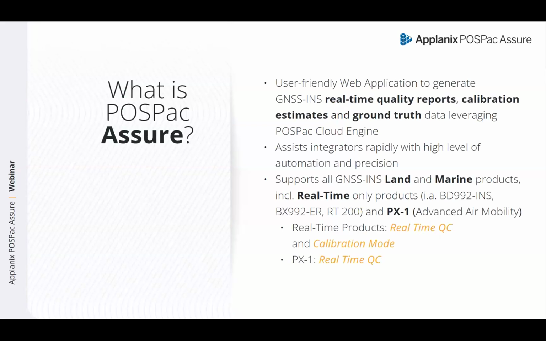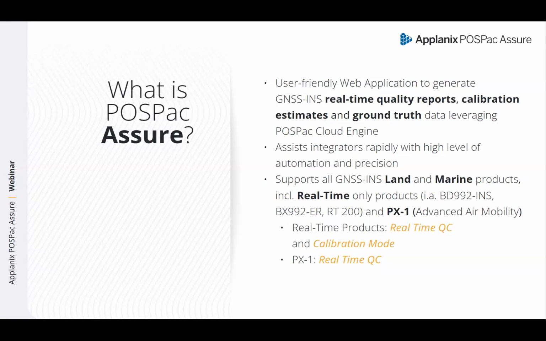We are supporting basically all GNSS INS land and marine products. We're also supporting real-time products such as the BD992 INS, the X992 ER, as well as our real-time fleet. And in addition to the land and marine products here, we also support the PX1 system from the advanced air mobility sector.